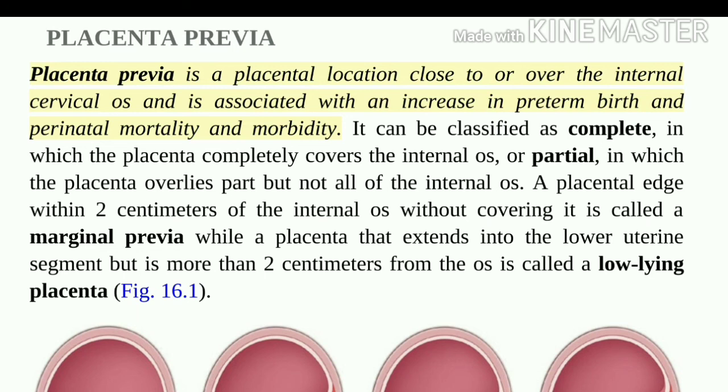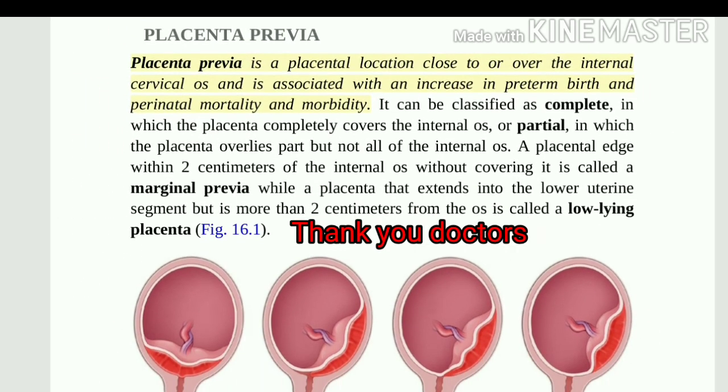We recommend bed rest for the mother, and we should give blood products and intravenous fluids. If the bleeding is severe, and the condition is so severe that the fetus has severe hypoxia or there is maternal hypotension due to excessive bleeding, in that condition we need to do a cesarean section. So this is somewhat about placenta previa.